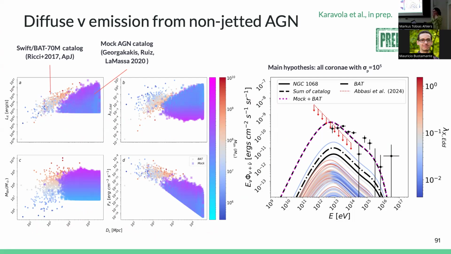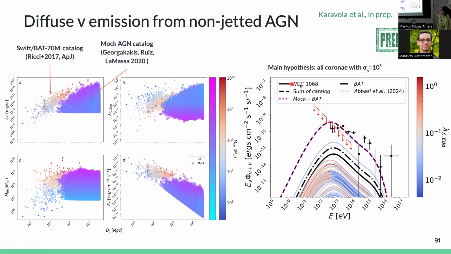As I said, the only unknown parameter here is the magnetization of the corona. All the other quantities, X-ray luminosity and black hole masses, are known. So if you do this calculation, assuming for simplicity that all coronae have the same sigma p, the same magnetization, you end up with this spectrum.